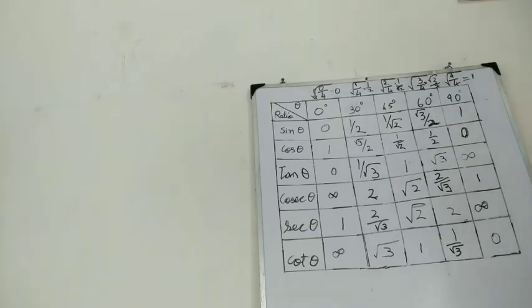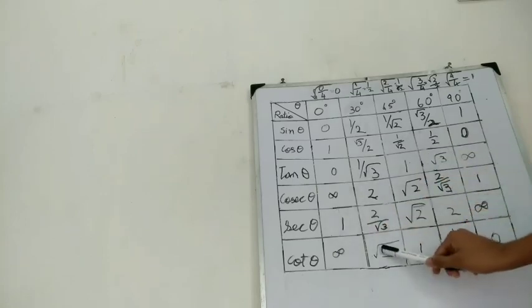Or you could write just the reverse of tan: infinity, root 3, 1, 1 by root 3, and 0. That's it. You got all the trigonometrical ratios.